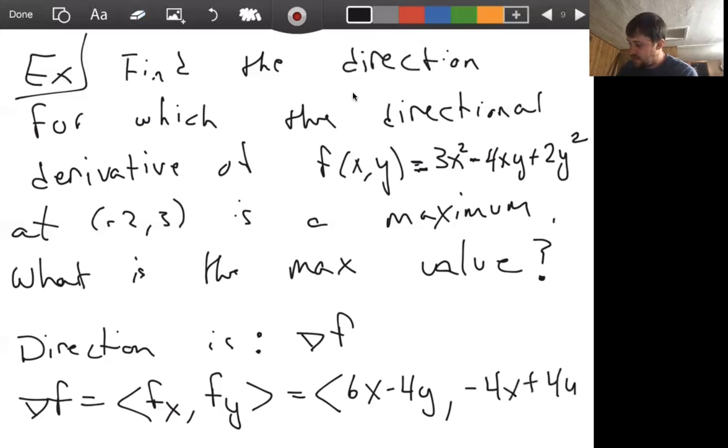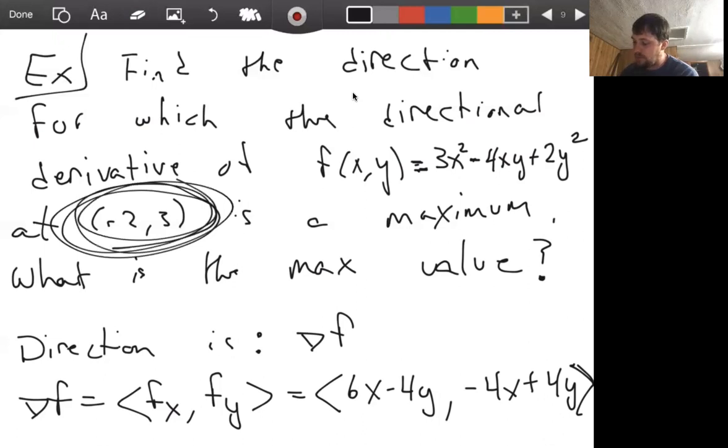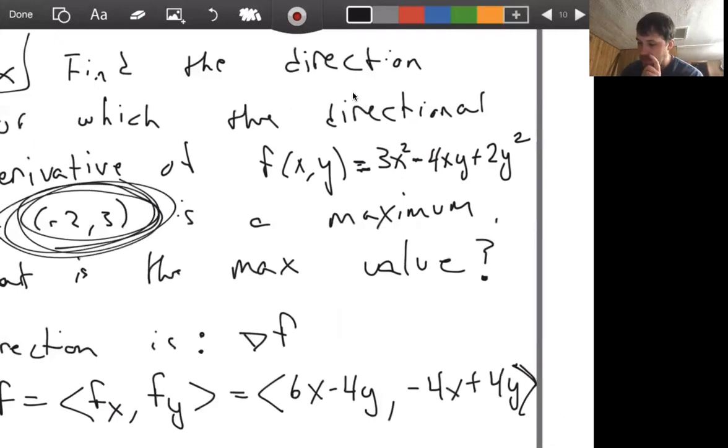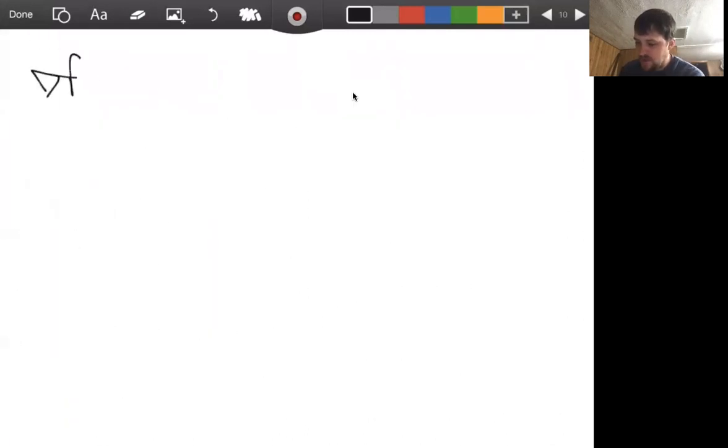plus 4y. Okay. And then we can plug in, we're at the point -2, 3, right? And so since we're at the point -2, 3, we need the gradient at the point -2, 3.